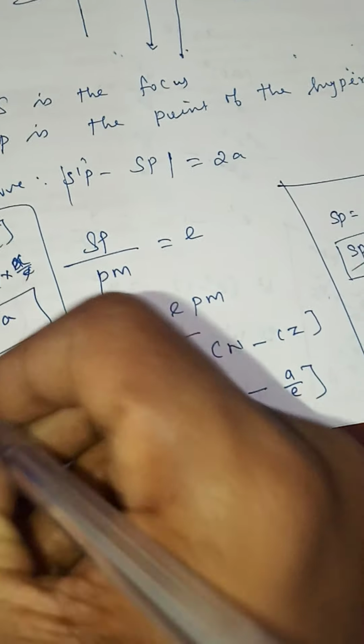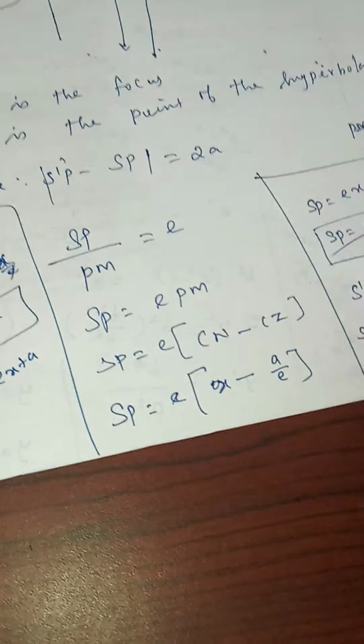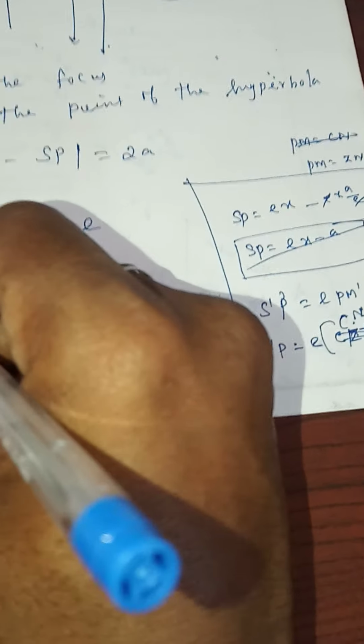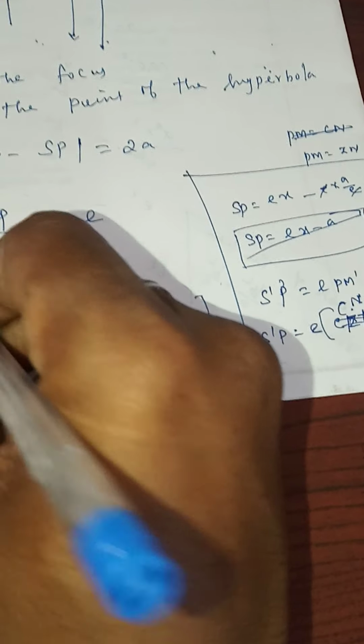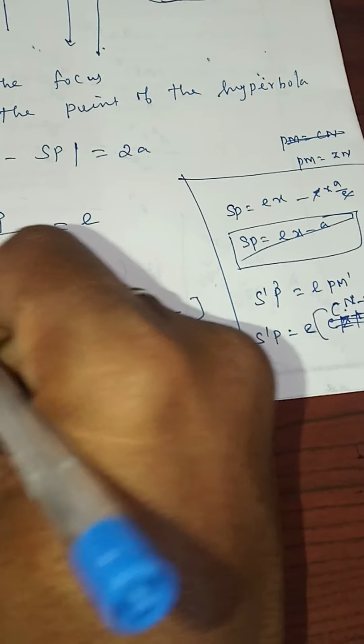Then to prove S dash P minus SP: S dash P is ex plus a, and SP is ex minus a, so subtracting, ex plus a minus ex plus a.